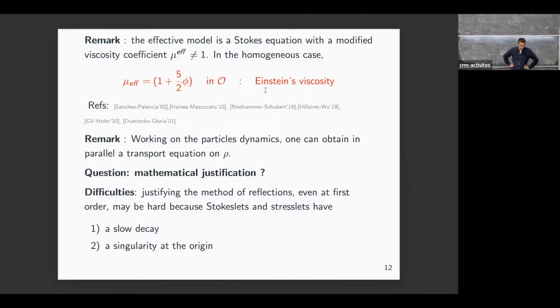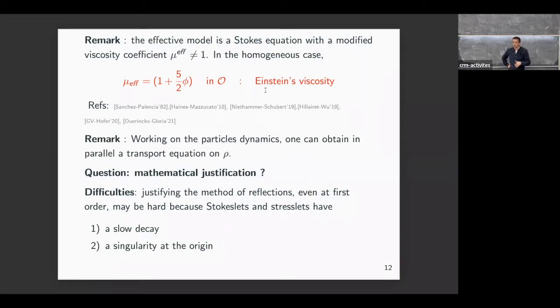But of course, now comes the question of its justification from a mathematical point of view. Can we justify this approach? The answer is yes, partially. But there are difficulties, related to the fact that the vector fields that enter this approximate scheme are quite singular.